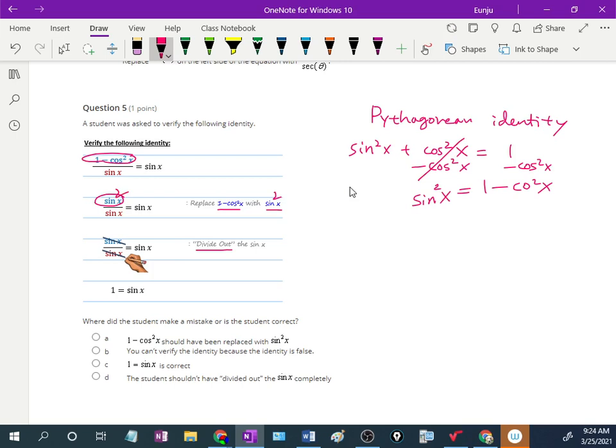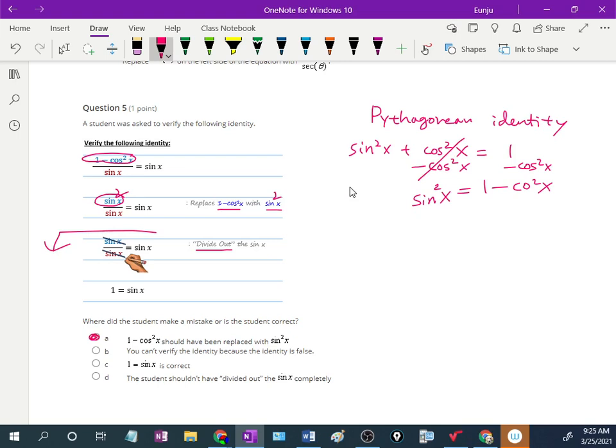Make sense? And then after that, that is all error, right? Because we made a mistake at the beginning here. So let's see. Choice A, 1 minus cosine squared of x should have been replaced with sine squared of x. That's right. So this is the correct answer. That was the mistake. From that mistake, we have a wrong proof, okay?